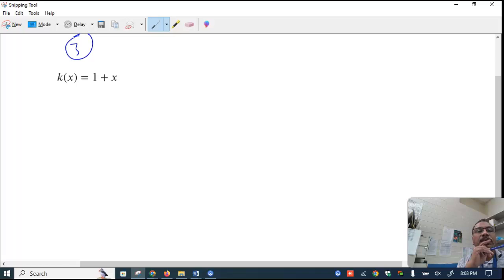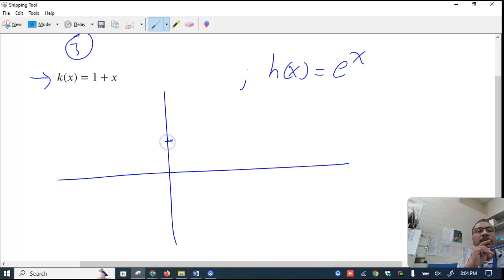The third question says, what do you notice about the relation between h and k? So the function h, what was h of x? Let me see, oh, it is e raised to x. How are these two compared, k of x and h of x?